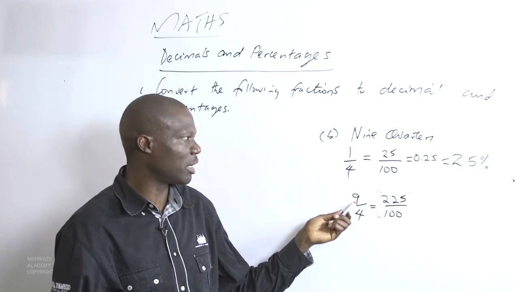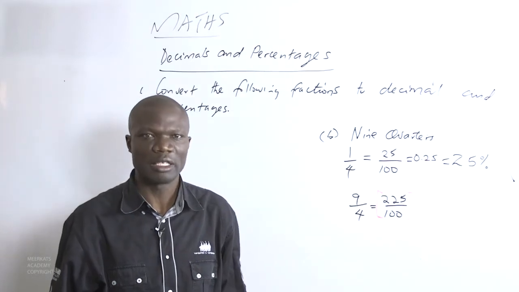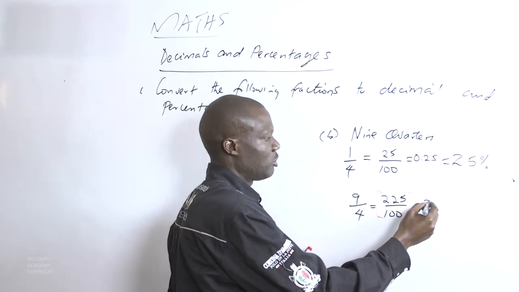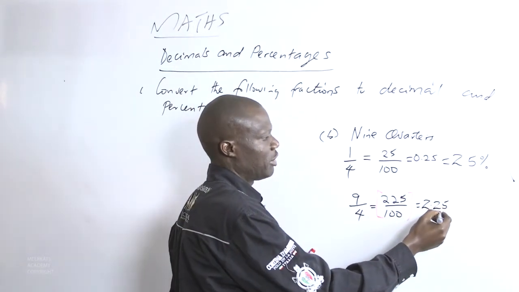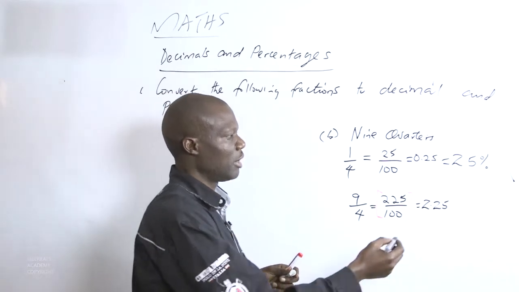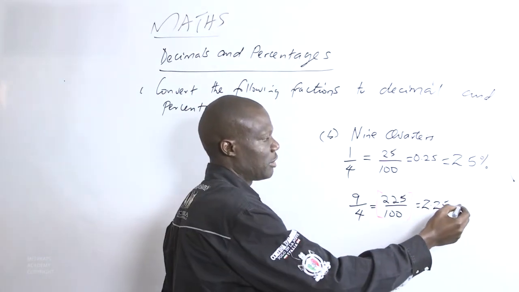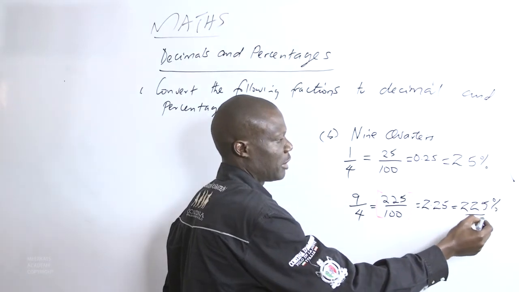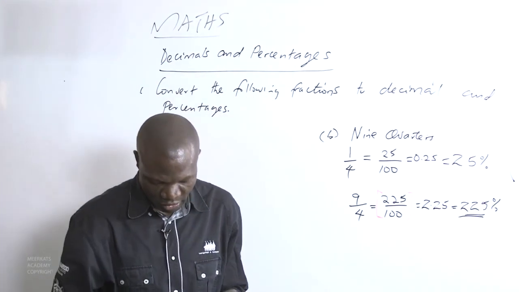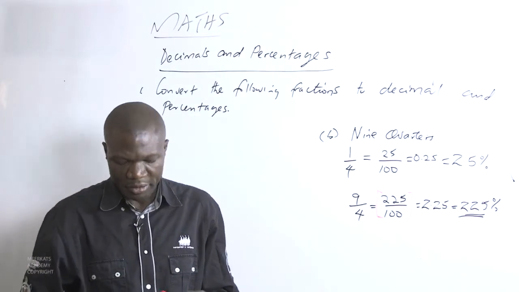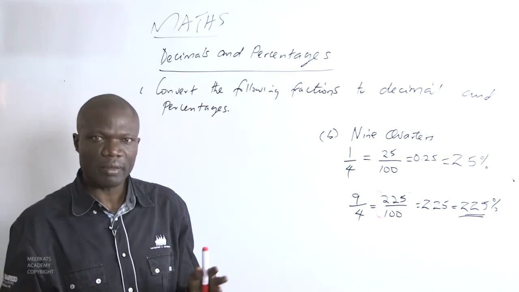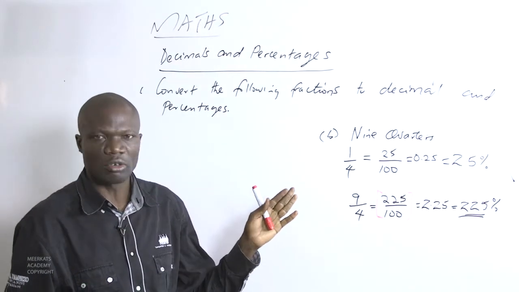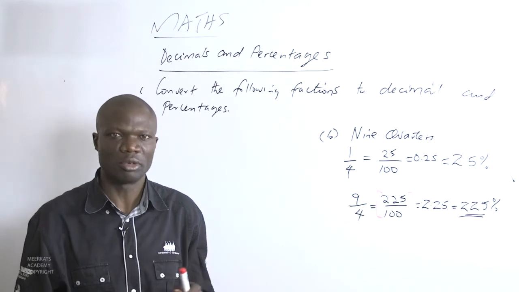So we can simply take 9 multiplied by 0.25, which gives 2.25. This is the decimal. And as a percentage, it is 225%. So this is how we use memory facts to convert a fraction into a decimal and a percentage.